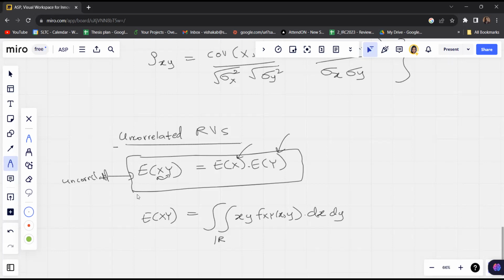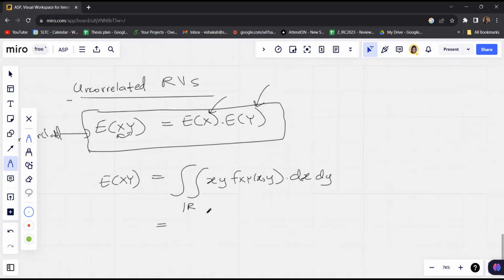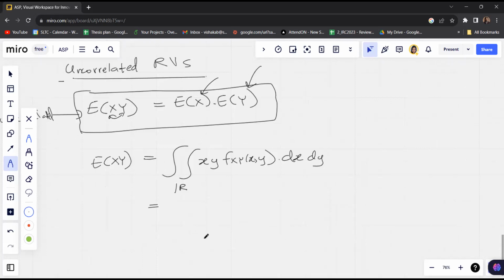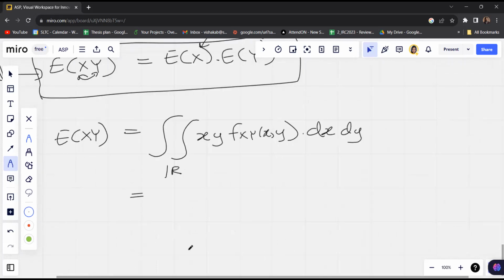In this integration, we can take the integration like this, and then since they are uncorrelated, X and Y are not related.